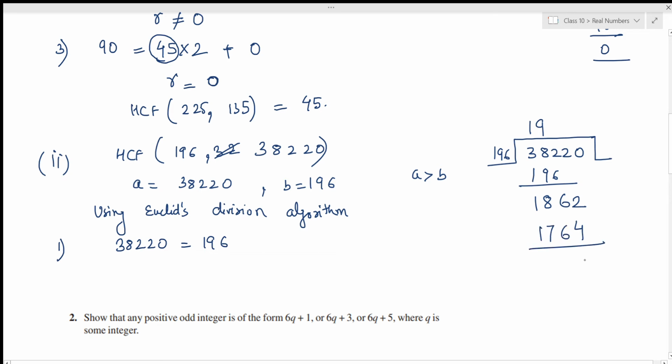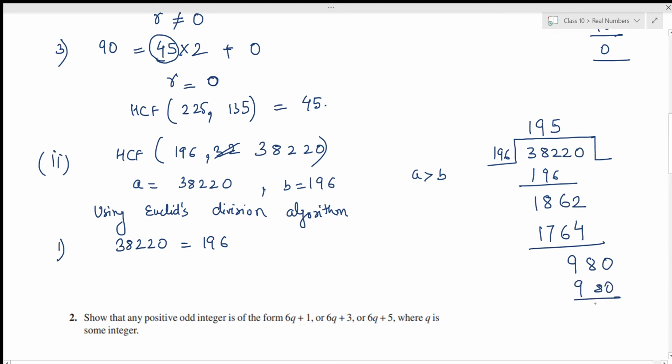Now subtract. 12 minus 4 is 8. 15 minus 6 is 9 and you will copy down 0. Here you have to complete the division to get the remainder. The division is not completed, so we keep doing the multiplication with one number only. So 196 fives are, I think, 980.